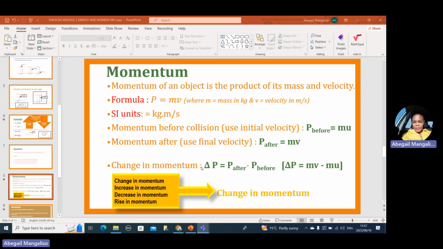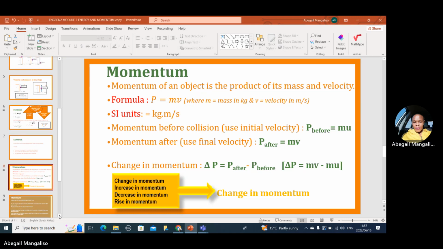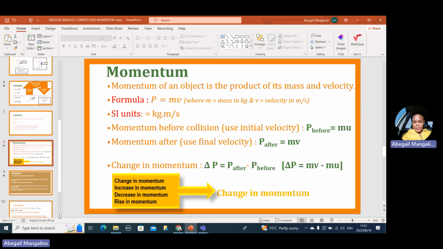It's still change in P, the symbol. Or it can be called a rise in momentum. So all these terms are referring to a change in momentum. The unit is kilogram meter per second.